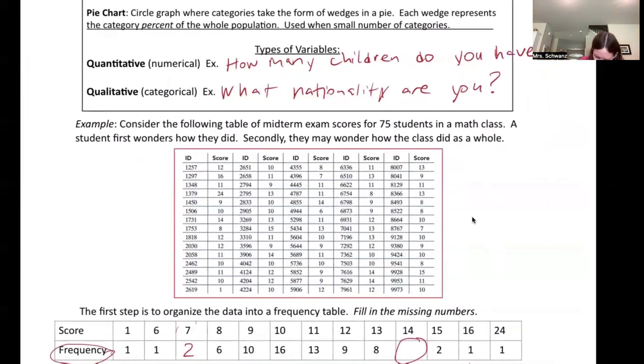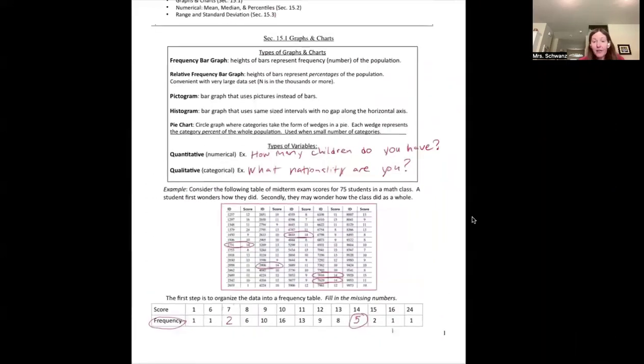So I'm looking for the number 14. Okay, so I see 1, 2, 3, 4, 5. There are 5 people with a score of 14. So I put 5 for the frequency for 14.